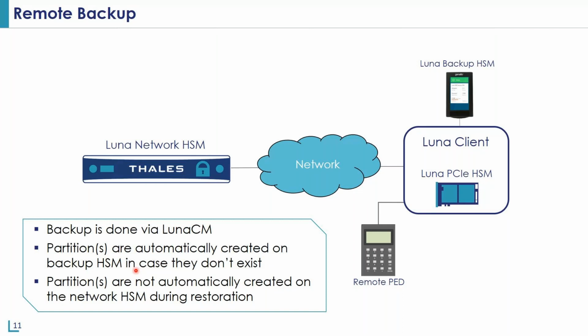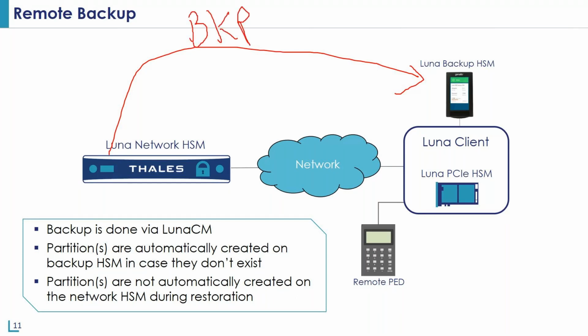When you are initiating the backup, your partitions are automatically created on the backup HSM if they don't exist already. So when you are moving the content, let's say in the command you say transfer my HSM partition to backup BKP05. This is the name of the target partition.